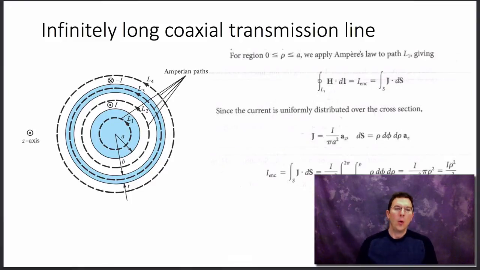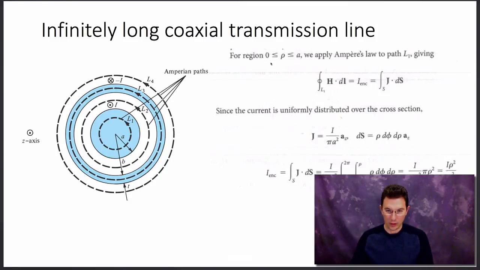Well, how are we going to find the magnetic field everywhere in space due to an infinitely long coaxial transmission line? Let's start by restricting our radial distance rho to be less than a initially.